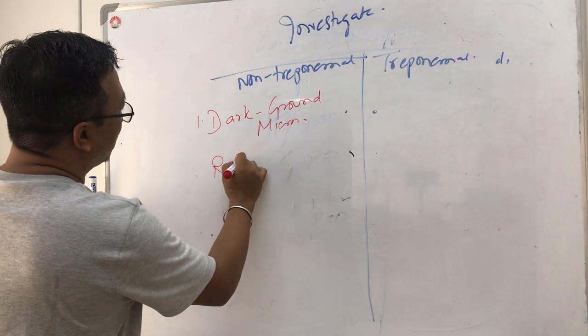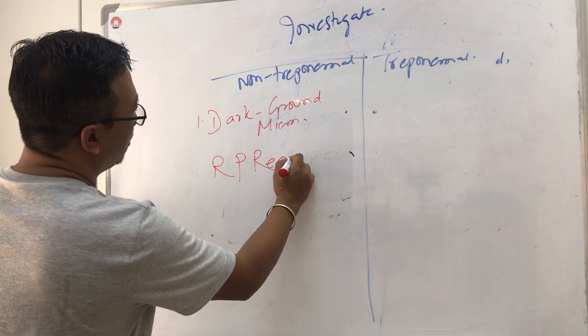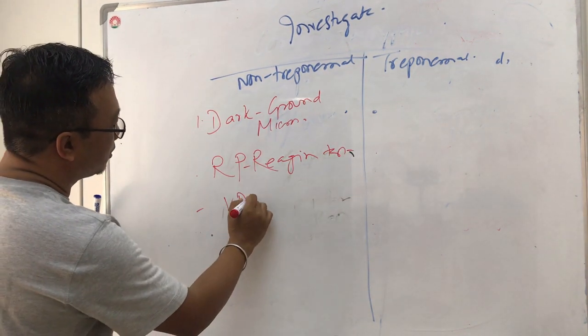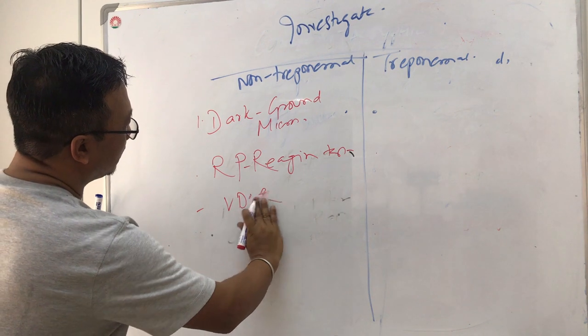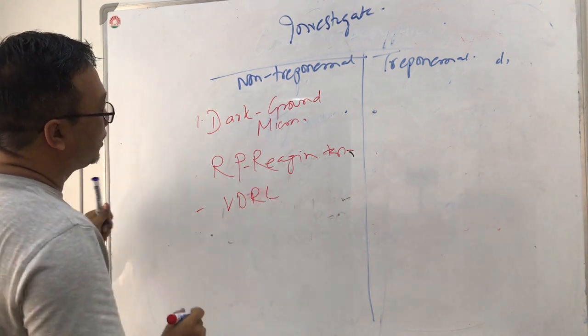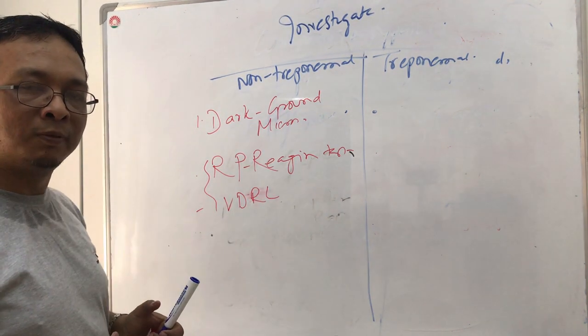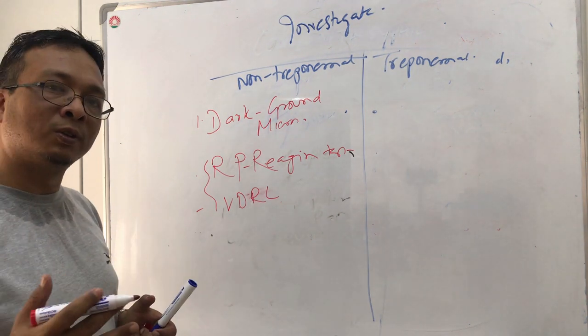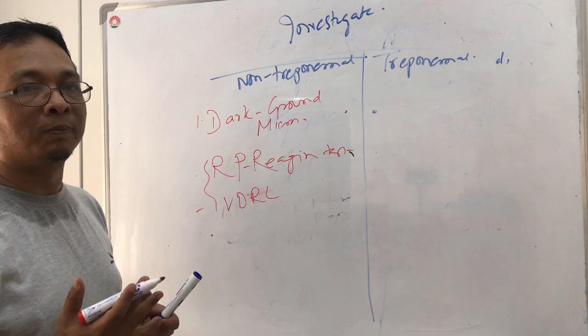Then we have the rapid plasma reagin test and the VDRL test. These tests are basically directed against cardiolipin, which is also released when there is a lot of tissue damage.